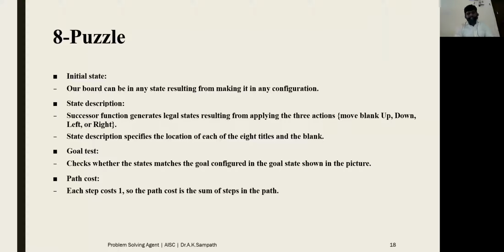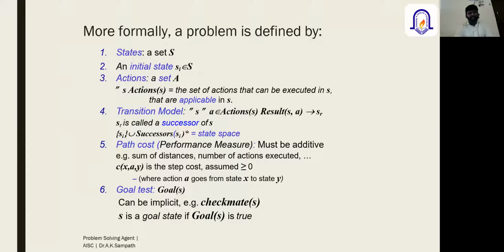Again, this is a detailed description of the 8 puzzle, and I also explained the different notations using pseudo code, showing how the problem can be solved. When we talk about the successor state, suppose you are moving from one state to another, reaching the next state from the source state.